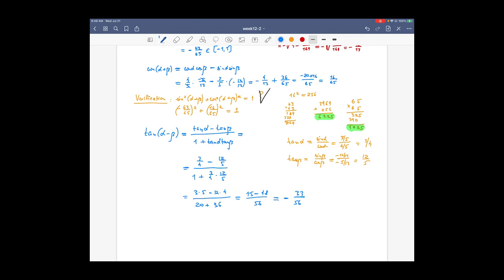I think the fraction is irreducible. 33 is 3 times 11, and 56 is 7 times 8. Yeah, so they're all coprime. Well, that is then the answer, and this finishes this example.